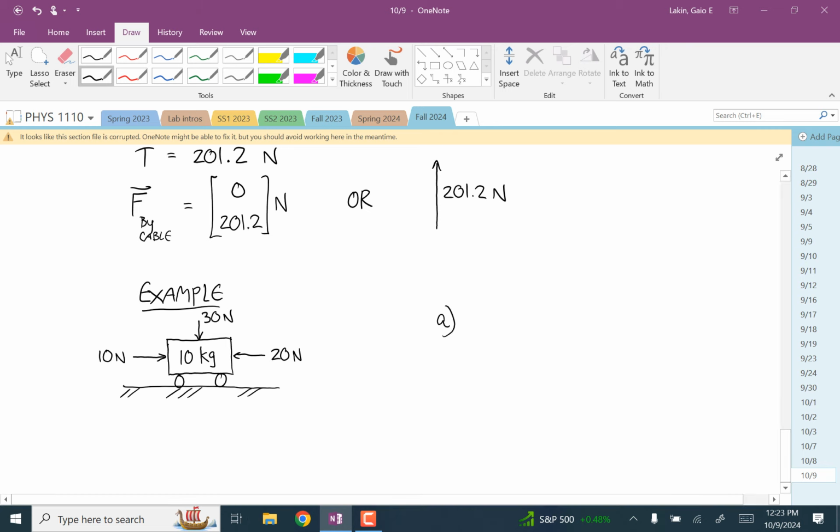And we want to figure out two things. What's the acceleration vector of the cart?